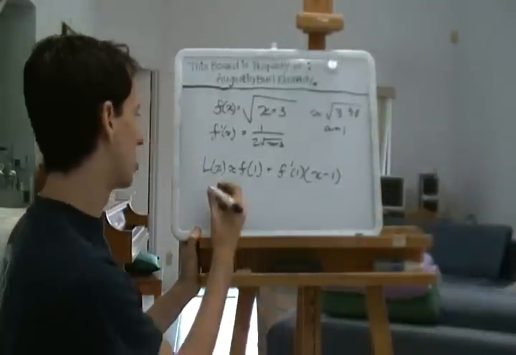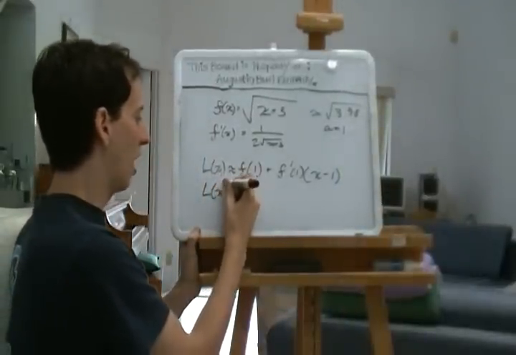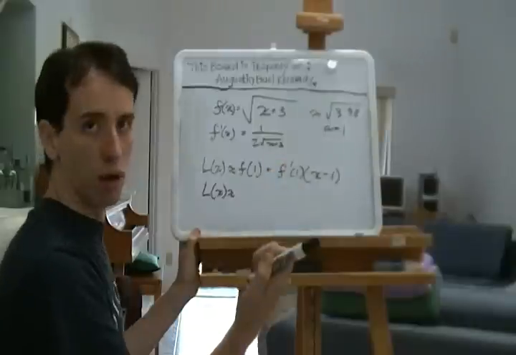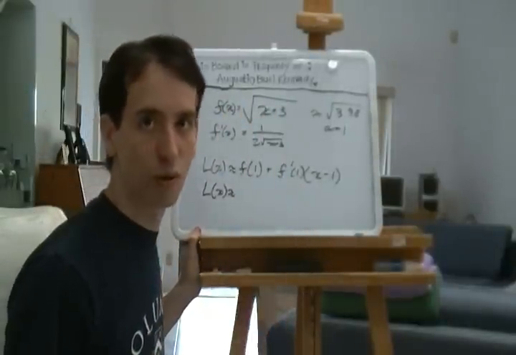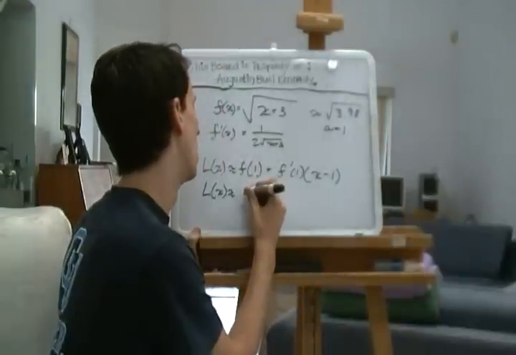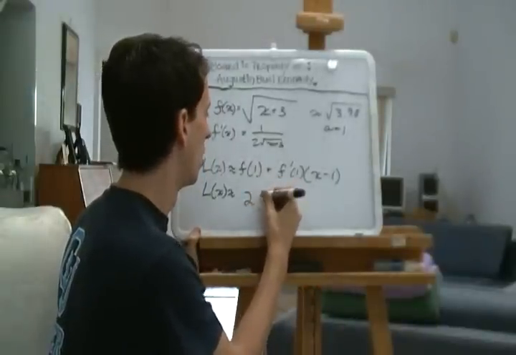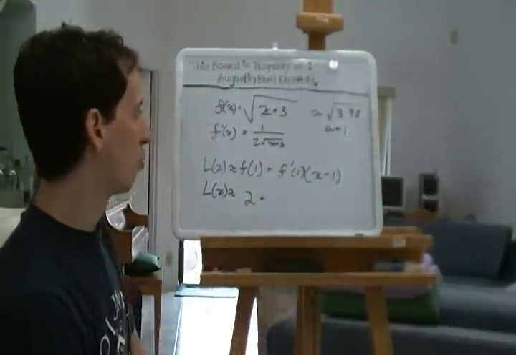Alright? And this is just as simple as plugging and chugging. L of x is f of 1, okay? F of 1 is square root of 1 plus 3. Square root of 4, 2. Bam. 2 plus f prime 1.